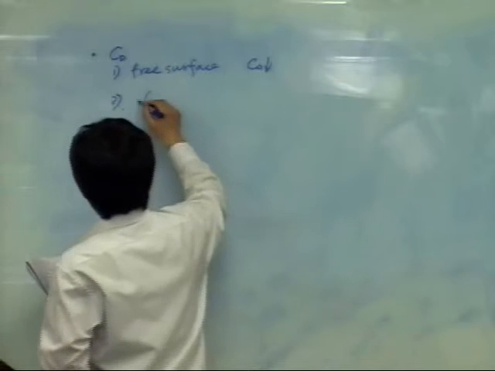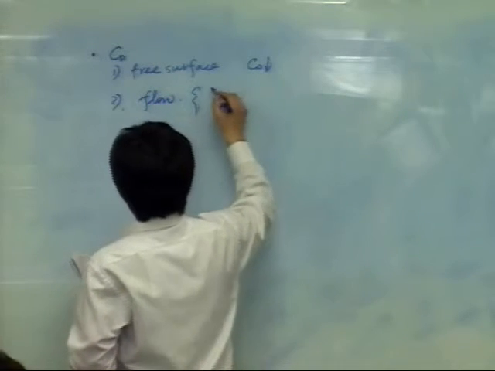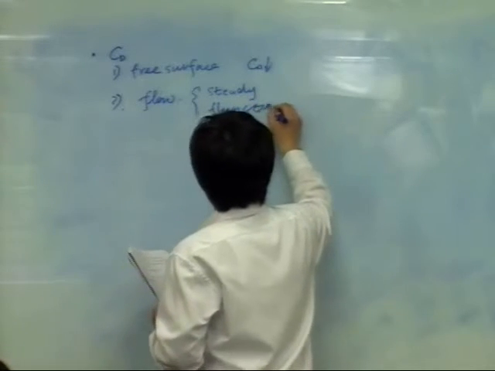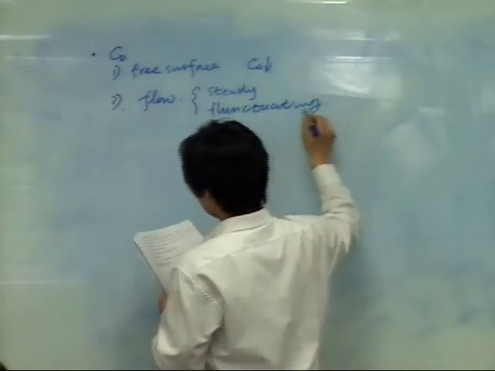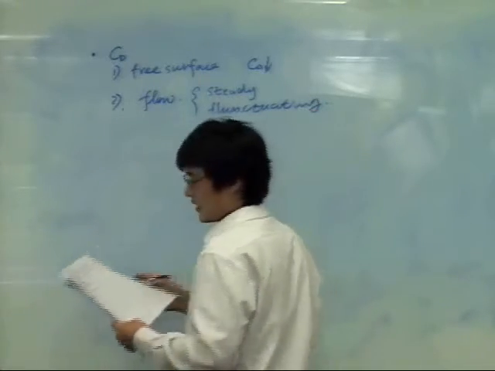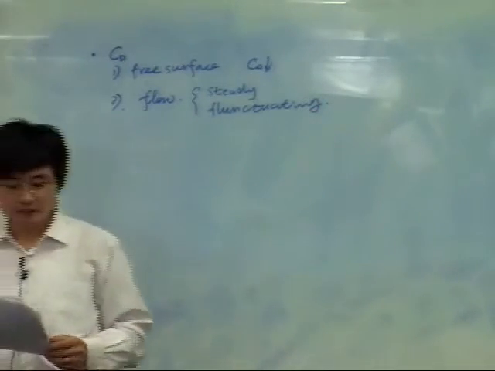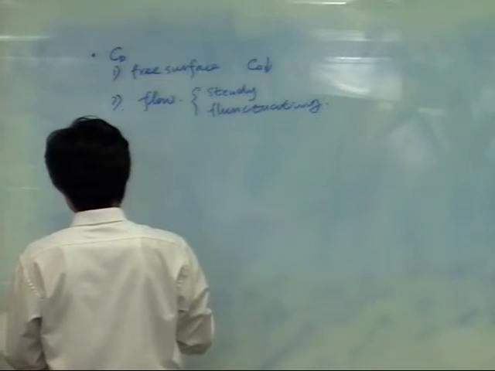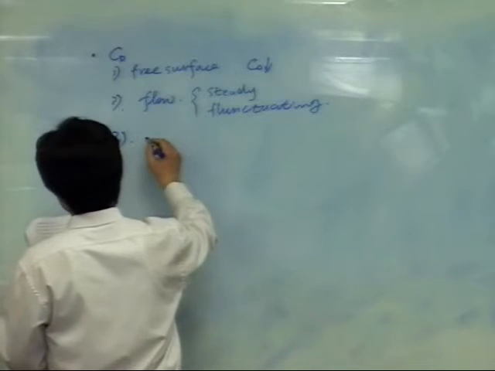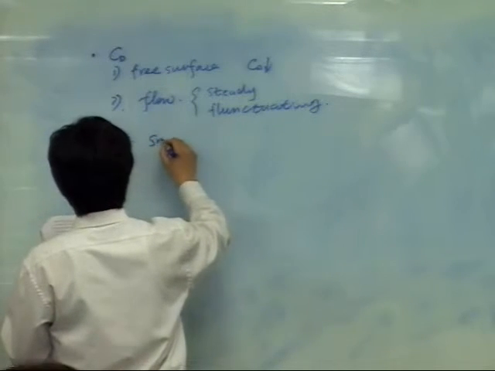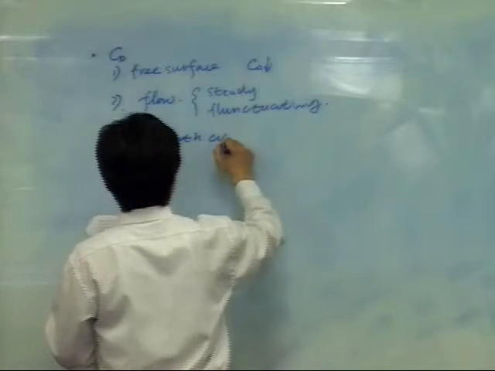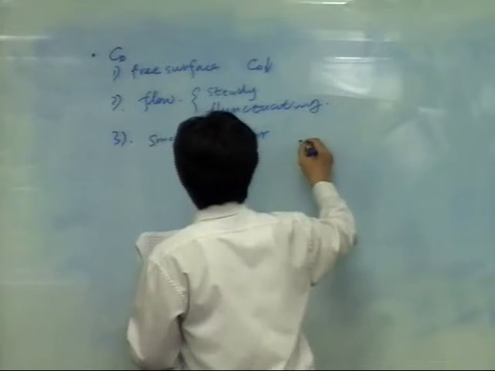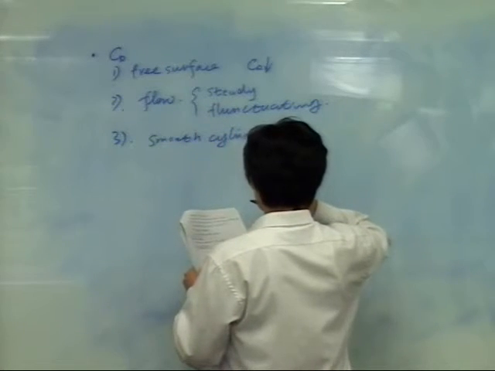What other effects does CD have? The flow itself, whether it is more steady or more fluctuating, like laminar flow versus turbulent flow. Also, for a smooth cylinder, we can have a critical Reynolds number.